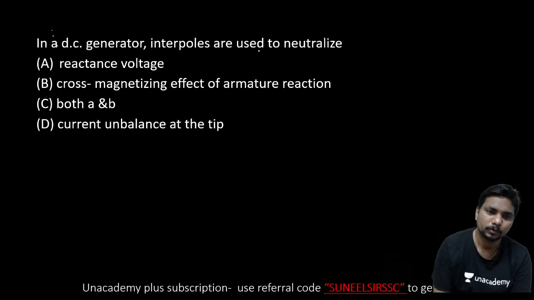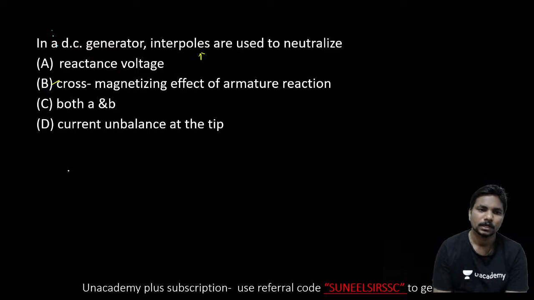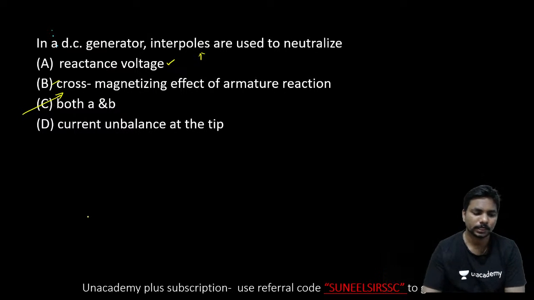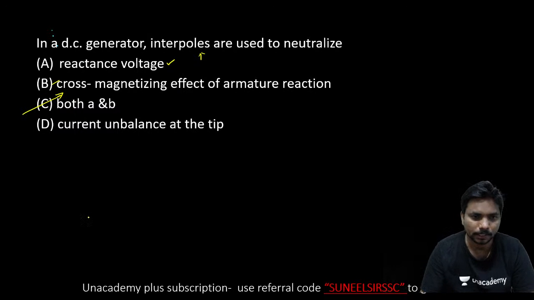Yes, interpoles are used to neutralize. If you use the interpoles, what is the first one? Cross magnetization effect is reduced. And the second one, reactance voltage also reduces. Okay, so that means both A and B. So we can give the answer as both A and B.